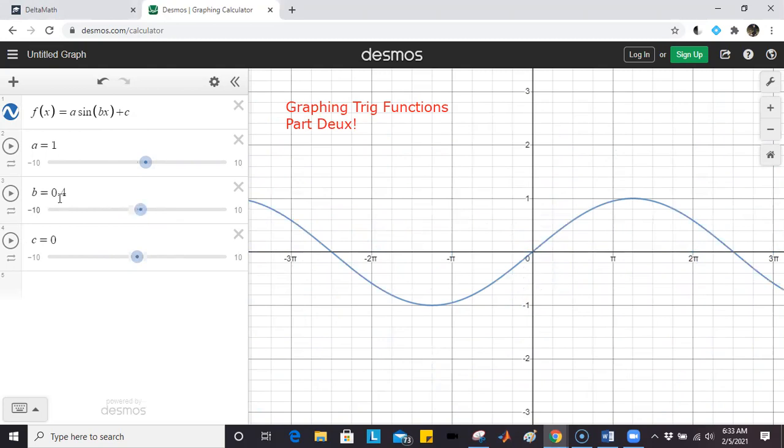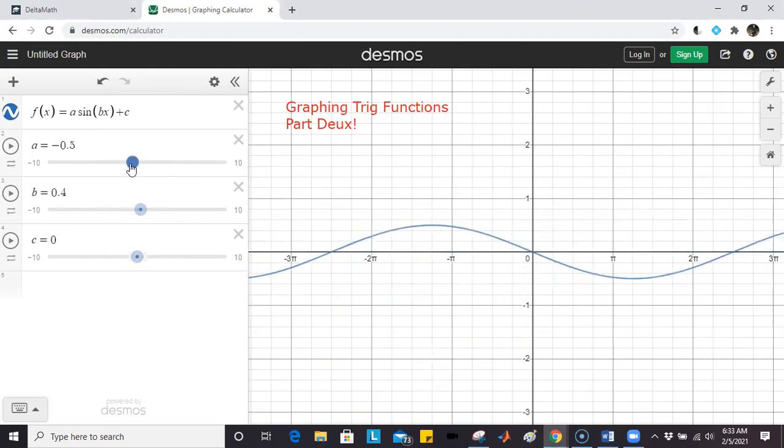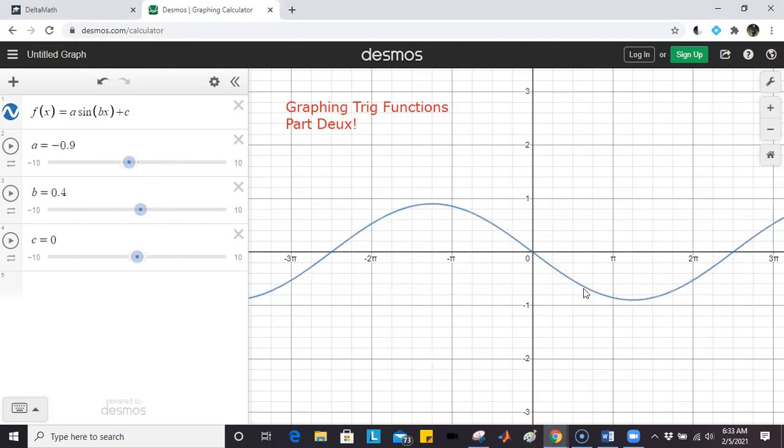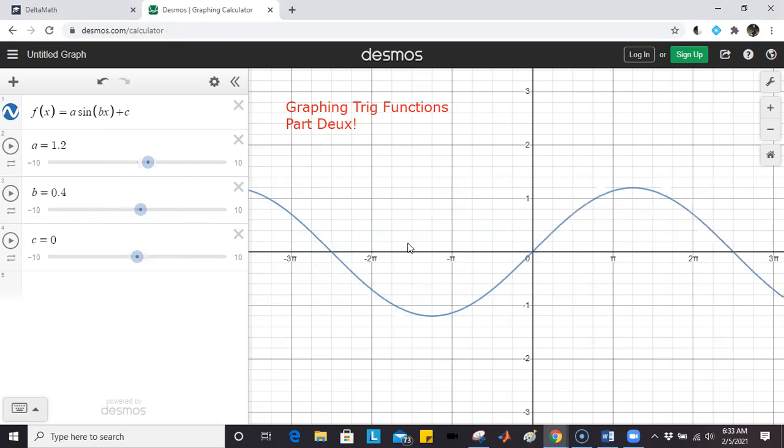Now we're not going to be super concerned with negative values of B. We will see in our work today some negative values of A, where we're just looking for the flip across the x-axis so that at the 0 point, we're starting to go down instead of our traditional up, like on a sine wave.